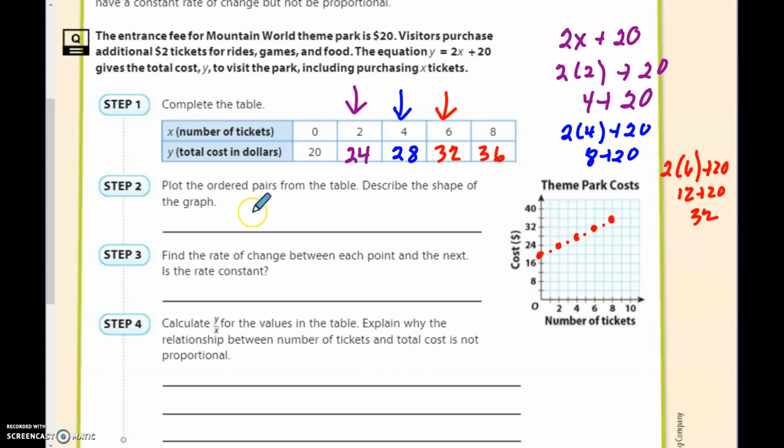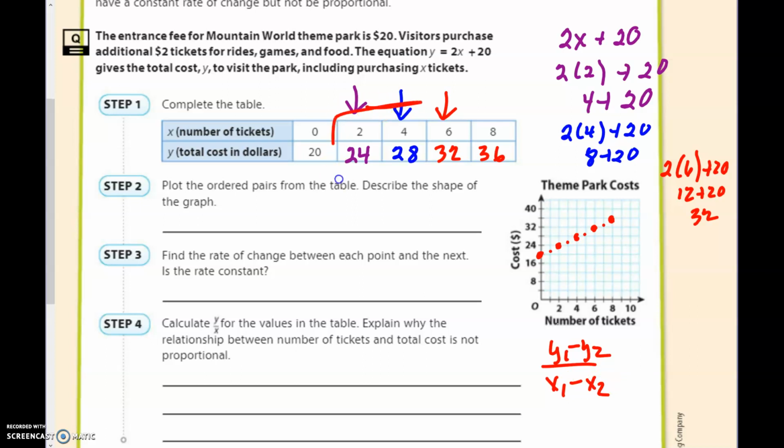All right, so we plotted these. Find the rate of change. Finding the rate of change means we can take any 2 ordered pairs and find the slope like we were doing before in last mod lesson, where we take y1 minus y2 all over x1 minus x2. You can take any 2 ordered pairs that you want.